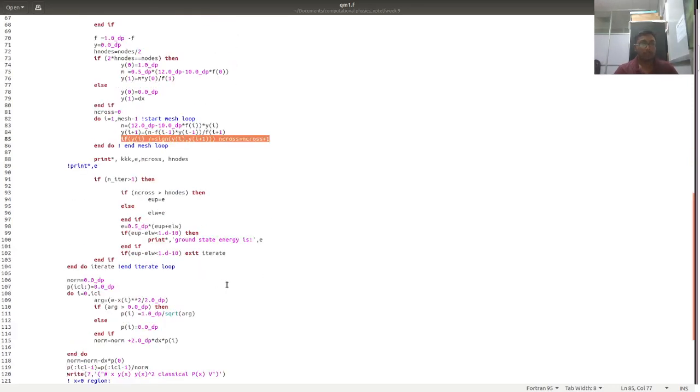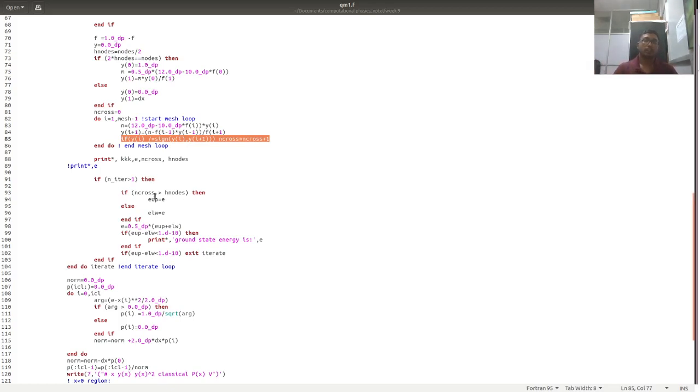After the calculation, I will assign a logic that if n cross is greater than h nodes, where n cross is the estimated number of points where the change of sign is happening and h node is the number of nodes we are expecting by theoretical estimation, that means more sign changes than expected nodes.